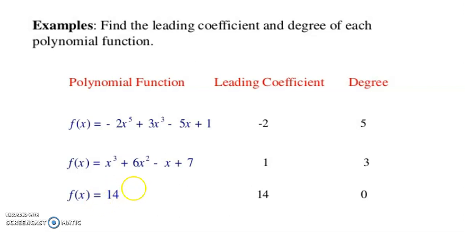It is 0. Why? Because any variable to the power 0 becomes 1. So even if you can't see the variable, it's always existing and it is x to the power 0. That is why the particular name for this function is the constant function. This function is known as the constant function, its degree is 0, and the leading coefficient is 14.